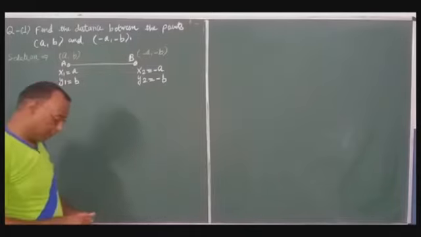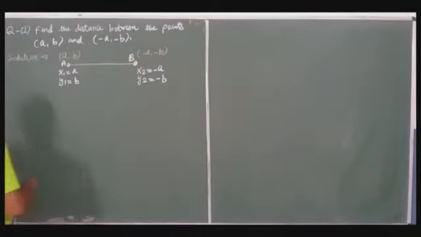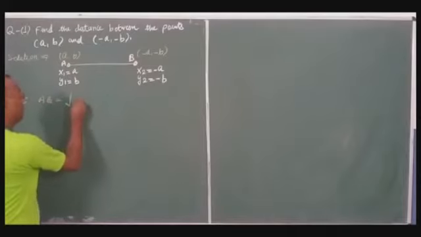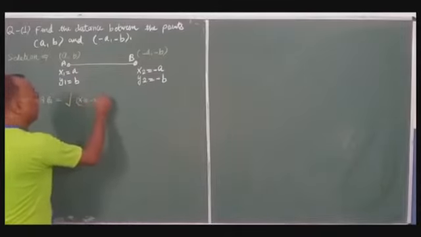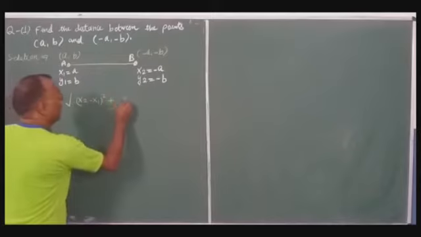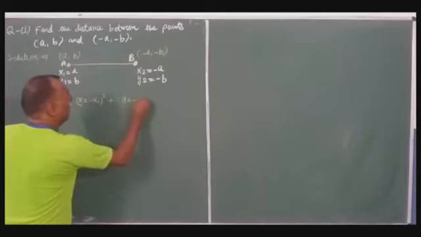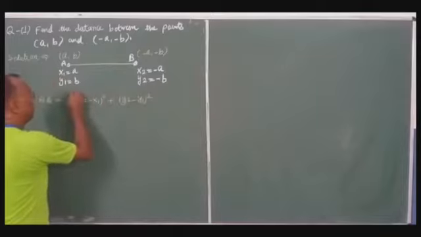Using that formula, the distance AB is given by the square root of x2 minus x1 whole square plus y2 minus y1 whole square.